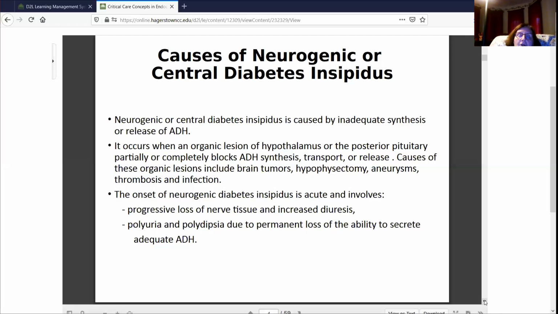The onset of neurogenic diabetes is acute. It happens very quickly, and it involves progressive loss of nerve tissue and increased diuresis, polyuria, and polydipsia due to permanent loss of the ability to secrete adequate ADH. If it doesn't secrete the ADH, it cannot be absorbed and do what it's supposed to do in the kidneys.